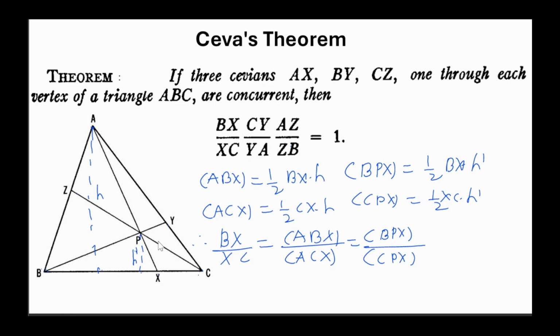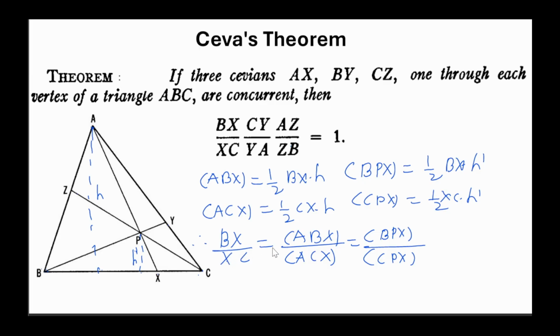This is because areas of triangles having the same altitude are proportional to their bases. So these BX and XC are the bases of the respective triangles, having the same altitude.